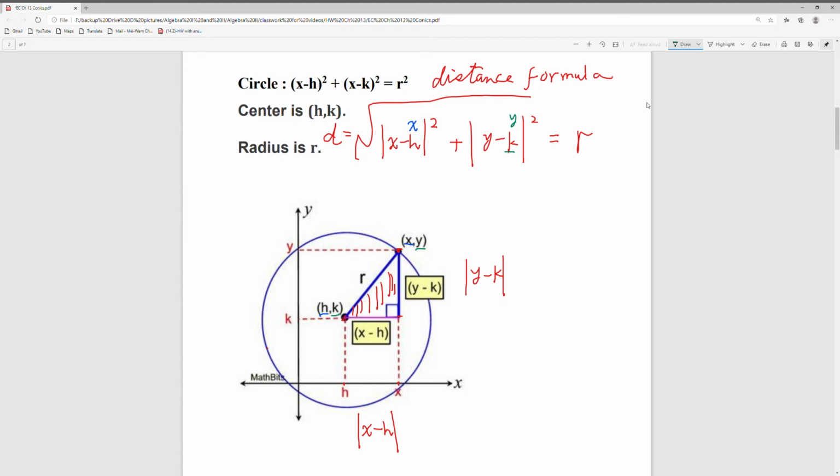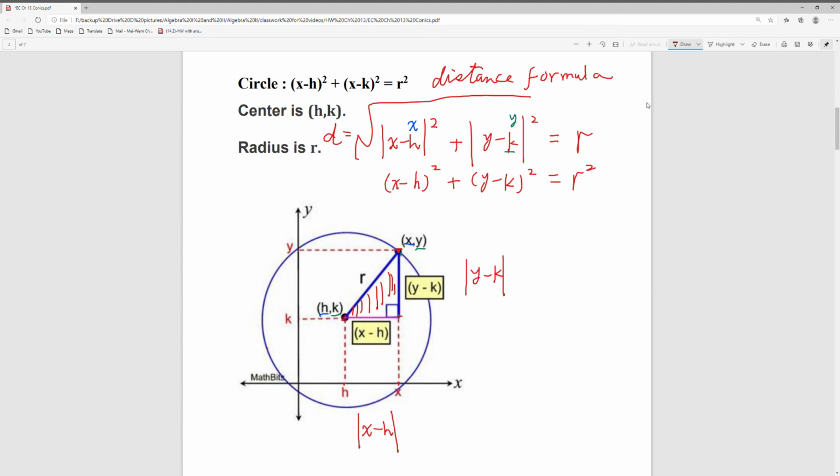This length squared plus this length squared is r squared. If we square both sides, the square already takes care of the absolute value. So we may just use (x minus h) squared plus (y minus k) squared equals r squared.